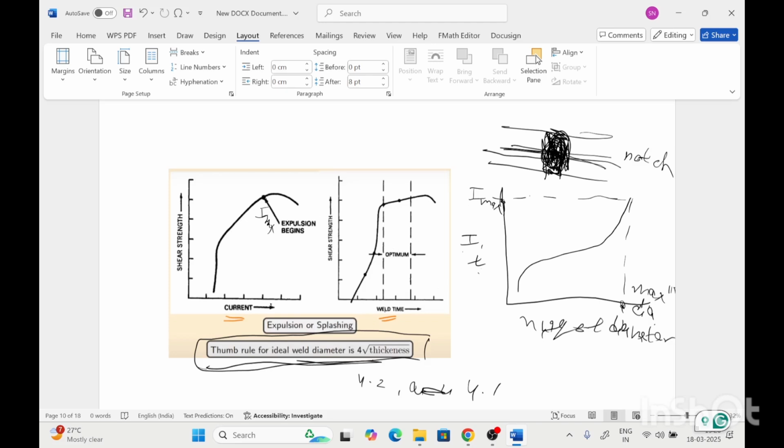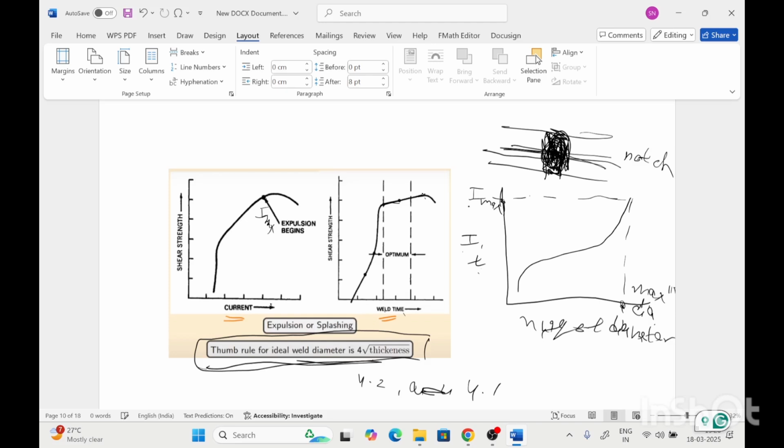And the variation between the shear strength and time is explained in this second plot. With increasing welding time, the nugget diameter increases, so the shear strength will also increase up to this point.